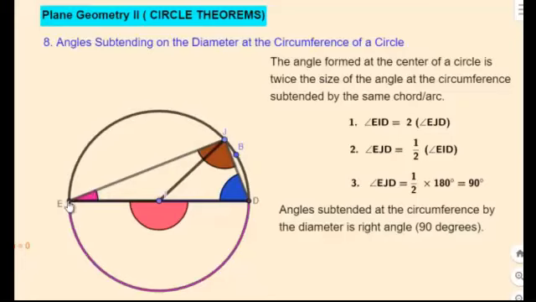So for triangle EIJ, the base angles here are all equal. And for triangle JID, the base angles here are also equal. Now look at what we are going to do. I am going to move the angles at the base and look at what happens.